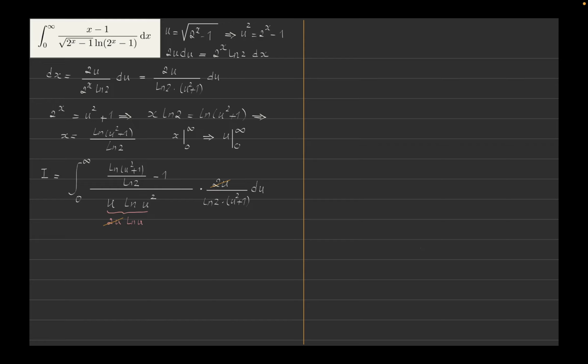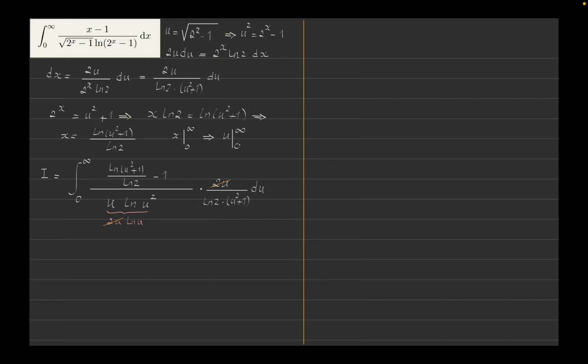Okay, but now I want to get rid of this ln of 2 here, so I rescale this fraction by multiplying everything by ln of 2. So in the numerator, this ln of 2 will be cancelled. This becomes ln of 2. There will be another ln of 2 here, which will be multiplied by this ln of 2, gives me ln of 2 squared. Then I pull it out from my integral.